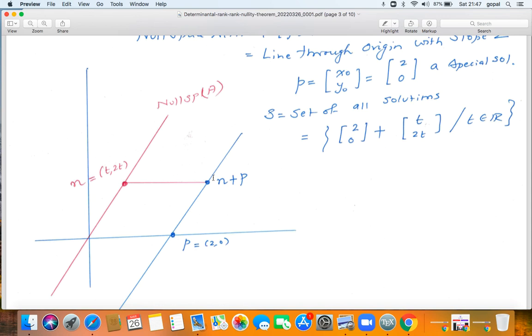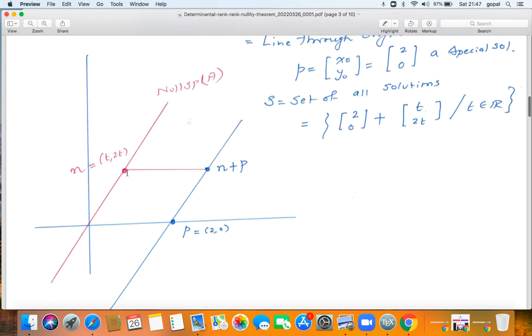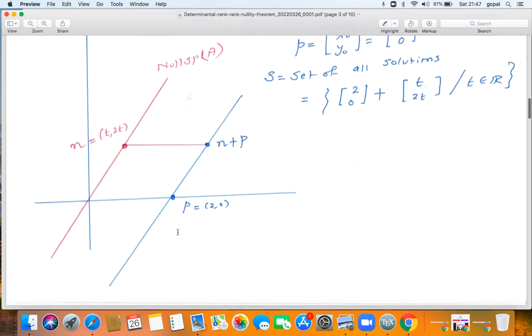You'll use the parallelogram law of vector addition, and here is where you'll see n plus p. As n varies over the red line, this n plus p will vary over the blue line. And so this blue line is the solution set. In other words, the solution set is the null space translated by a specific known solution.